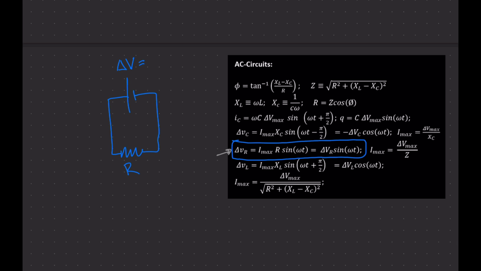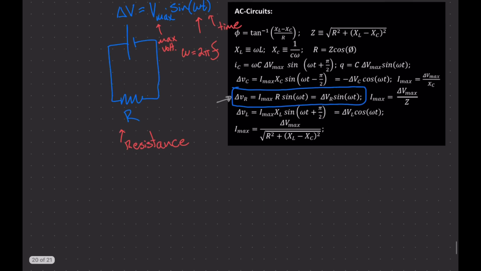Well, in a DC circuit, it could just be 6 volts like a battery, but in an AC circuit, like we showed before, it follows this sine function. So we have sine omega t. Omega is equal to 2 pi times the frequency. This is the time. And this is the max voltage. And this is the resistance.